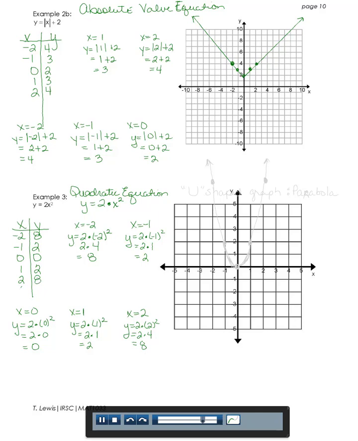Now, this is not going to be as defined as the absolute value. It's going to be like a little circle at the bottom. A quadratic equation's graph is a U-shaped graph. It's called a parabola.